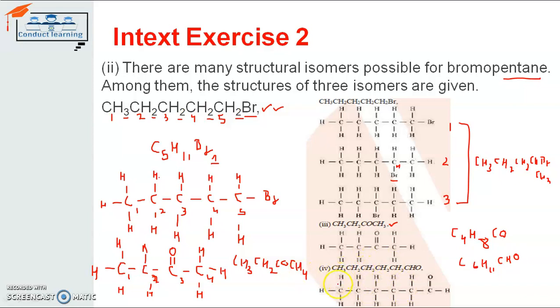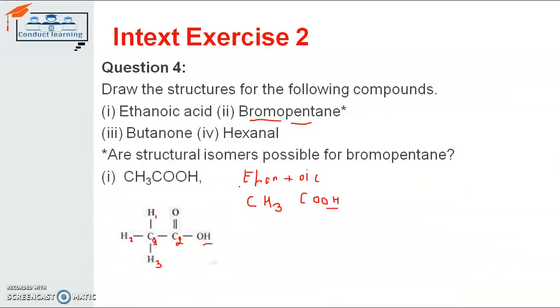So first of all, you have to write down C1, C2, C3, C4, C5 up to C6. Accordingly, the number of hydrogen atoms needed for sharing of valence electrons in carbon and 1 group of CHO, that is the aldehyde group. So in this way, you can have the structure and chemical formula of all these carbon compounds.